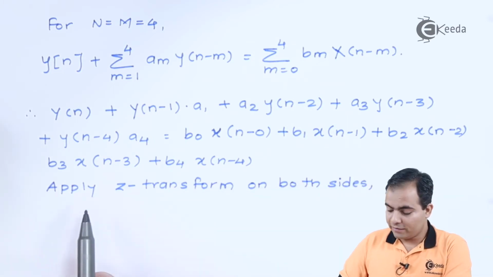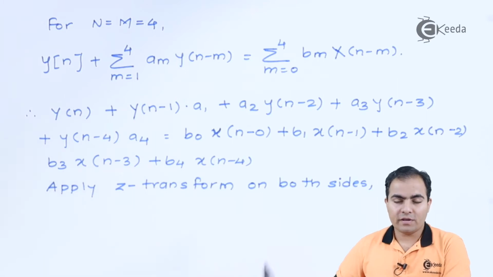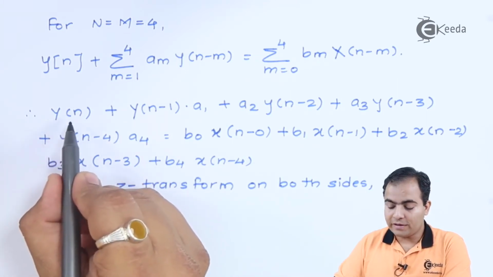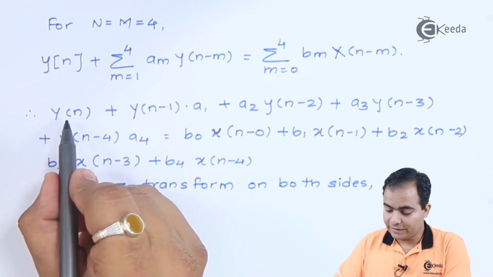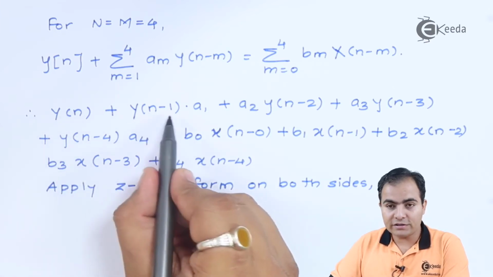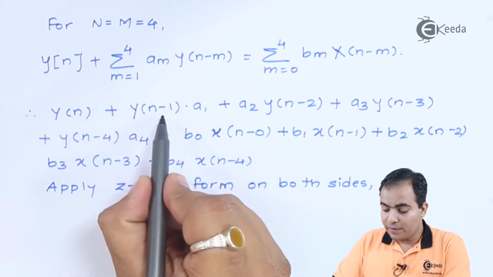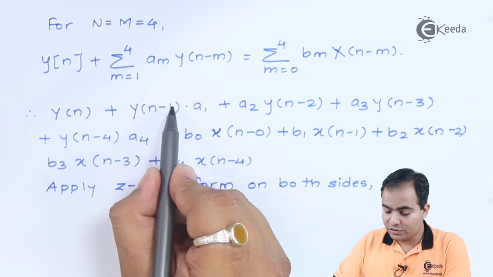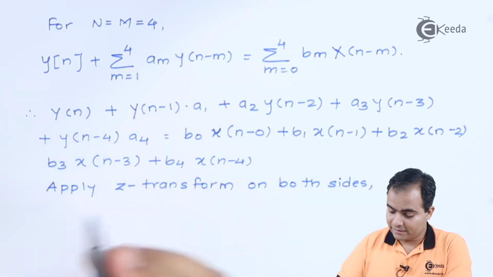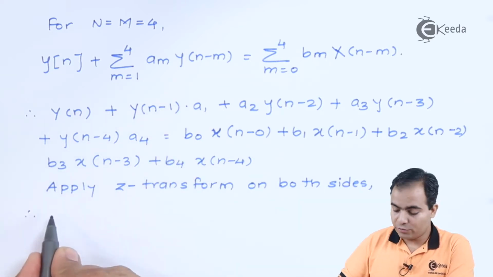Now I'm going to apply Z transform on both the sides. So all the y of n is replaced by y of z. But look here, the function y of n is delayed by 1. If the function is delayed by 1, then place that delayed or shifted value in the power of z. So I'll show you how to write the equation.